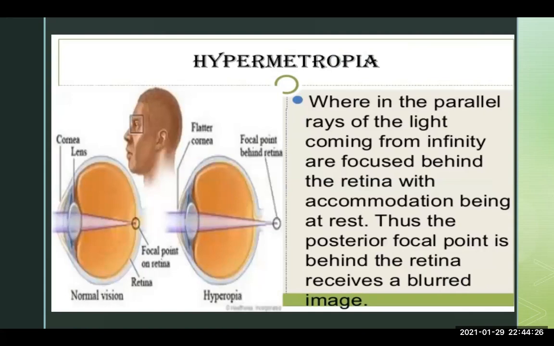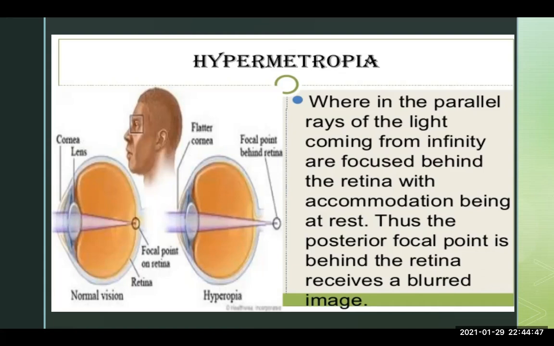Let's go on to hypermetropia, which is one of the most important refractive errors. Hypermetropia or hyperopia is defined as the parallel rays of light coming from infinity being focused behind the retina.